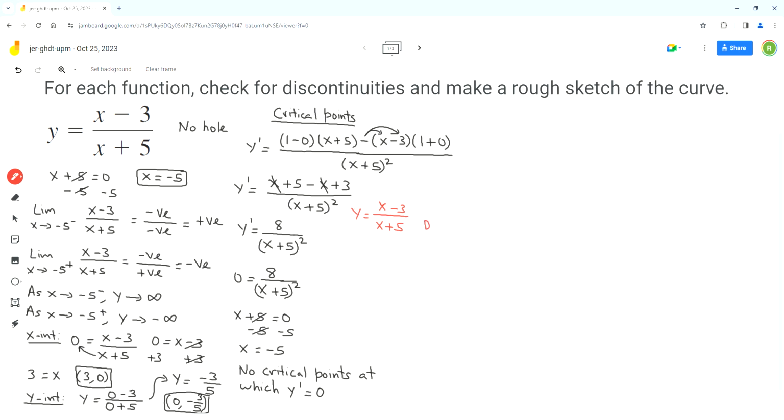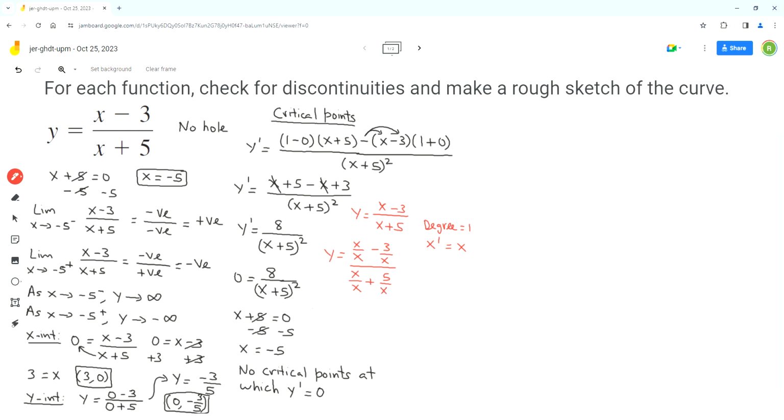The degree of the denominator is equal to 1. So that means we have to divide each term in this rational function by x raised to the degree of the denominator, which is x exponent 1, just x. So we'll divide each term by x: x over x minus 3 over x, over x over x plus 5 over x.